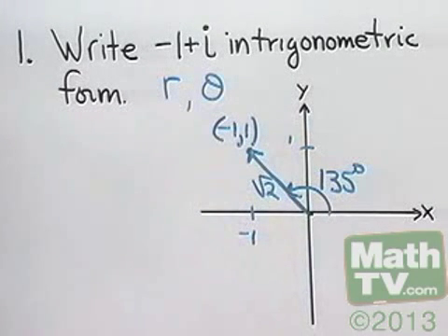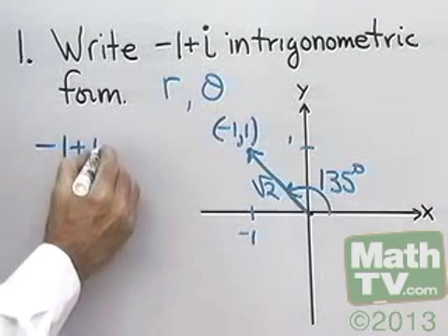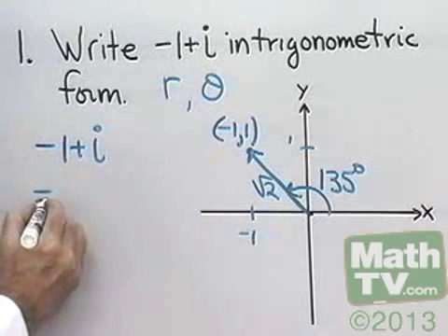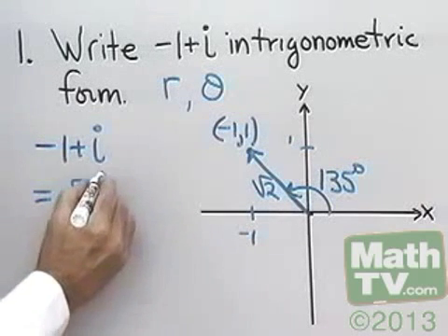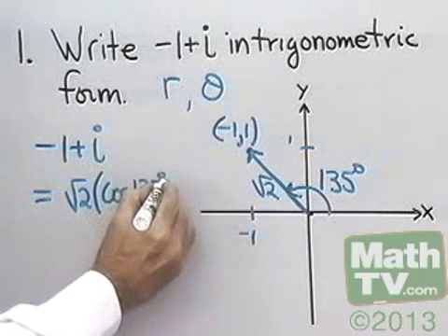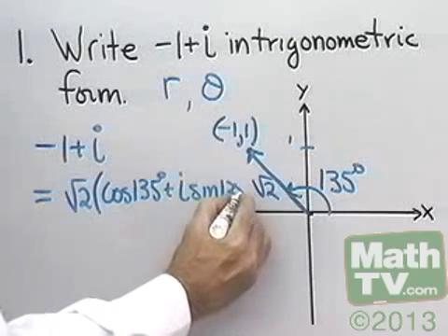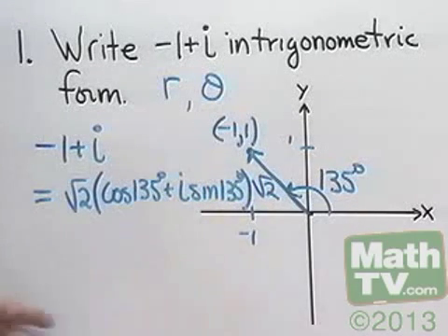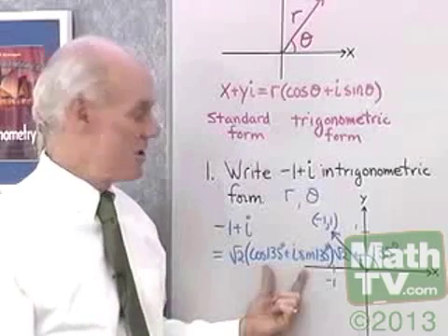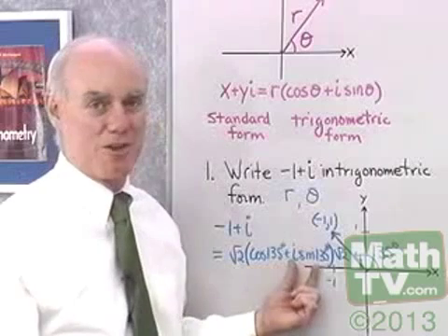So it splits that quadrant, so that's 135 degrees. Therefore, this complex number, -1 plus i, in standard form, must be equal to square root 2 times (cosine of 135 plus i times the sine of 135 degrees). So trigonometric form for this complex number is square root 2 times (cosine 135 plus i sine 135).